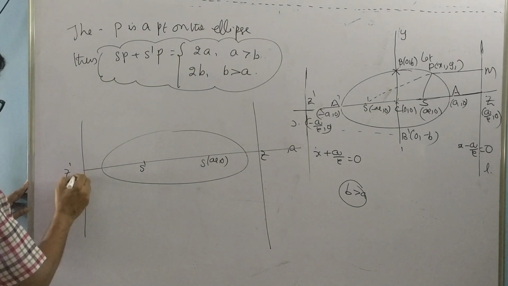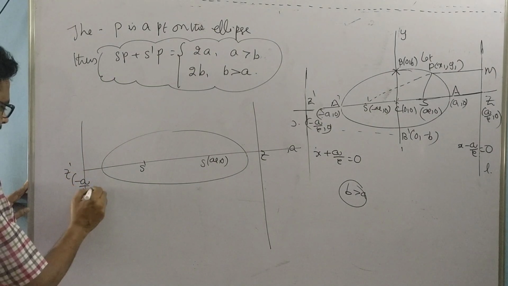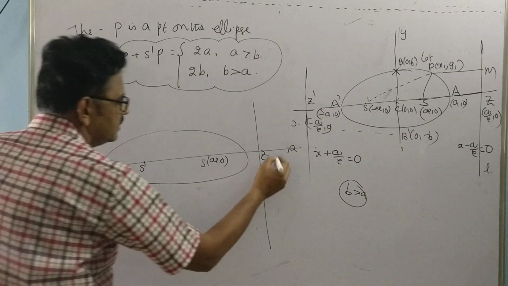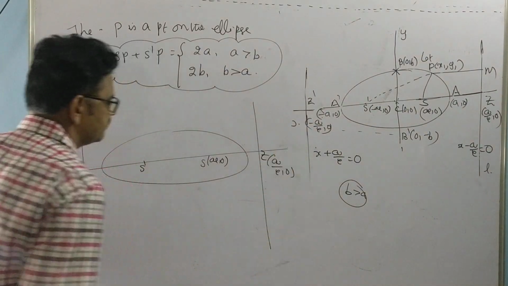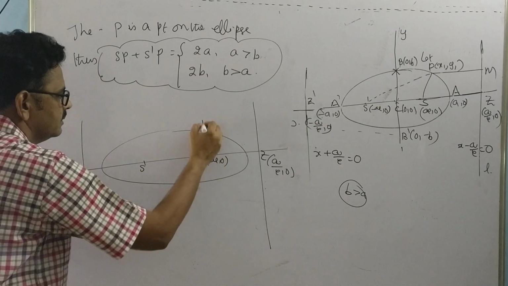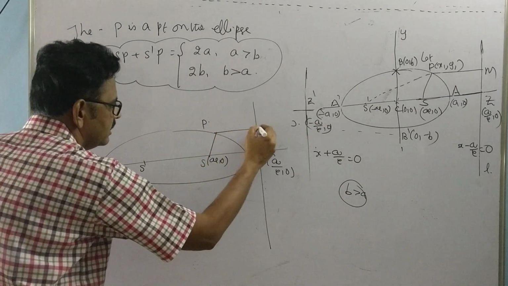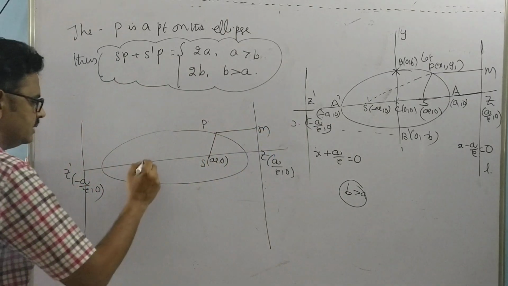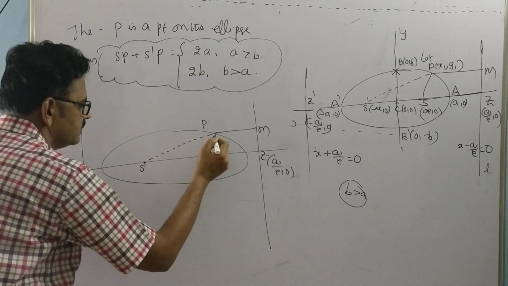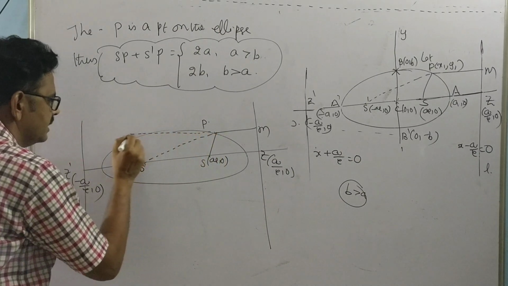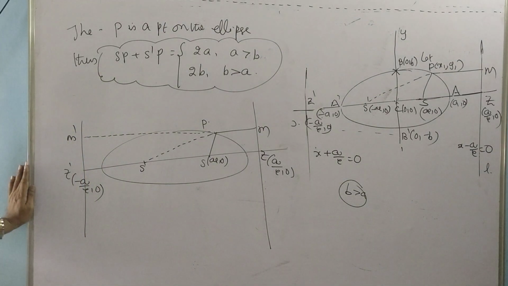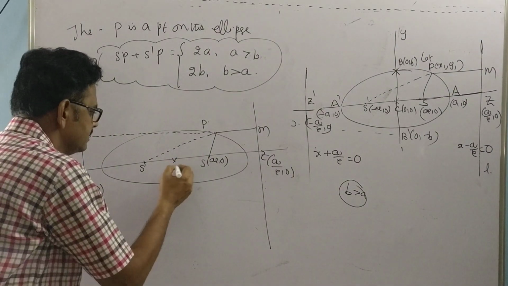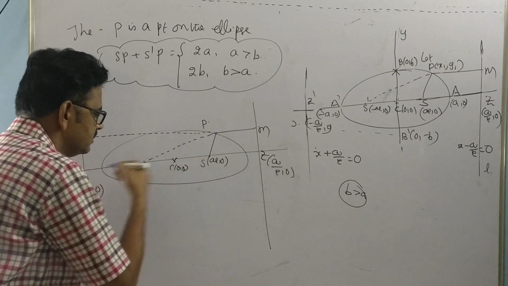These are Z and Z dash, minus A by E comma 0, A by E comma 0. P, this is M and its corresponding directrix. Now this is center 0 comma 0.